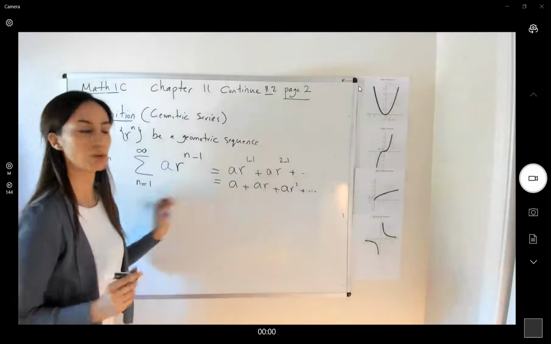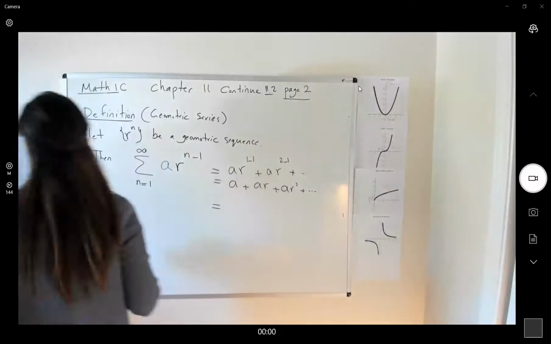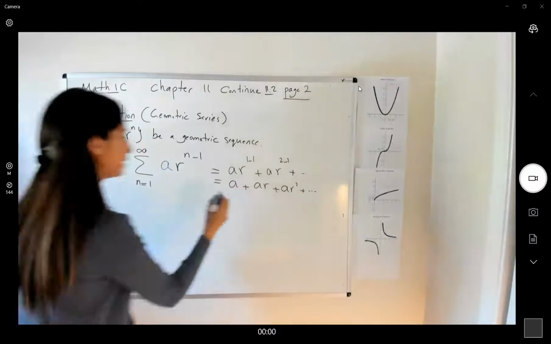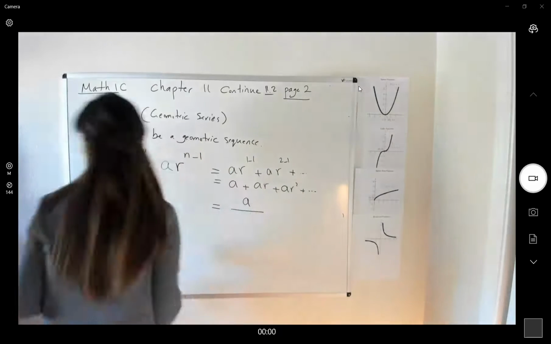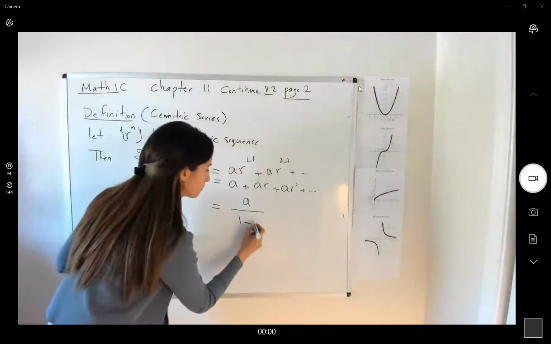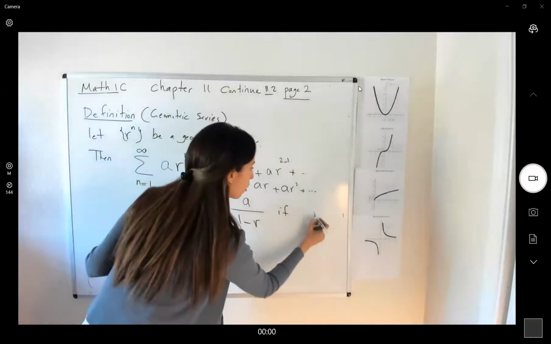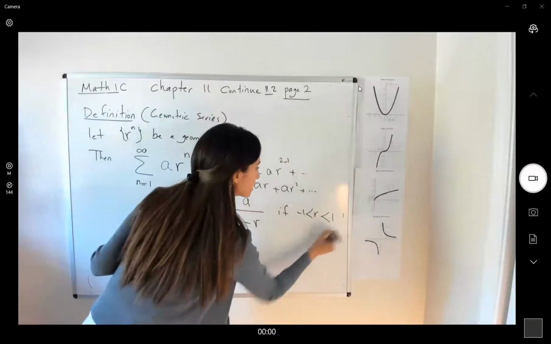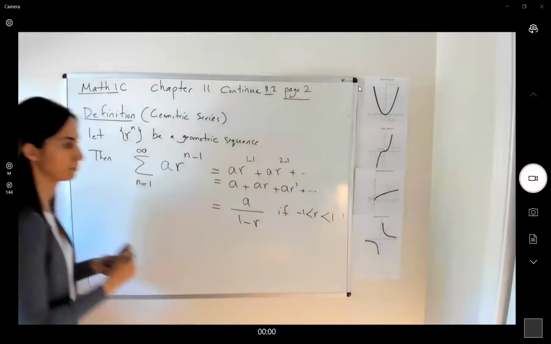It has a formula. It follows this formula: a divided by 1 minus r, if r is between -1 and 1.